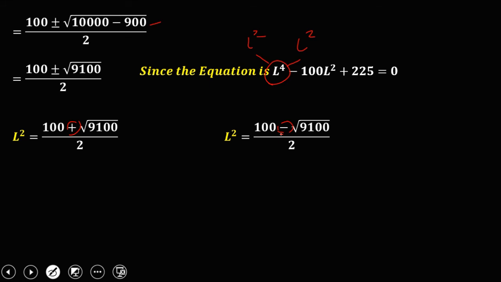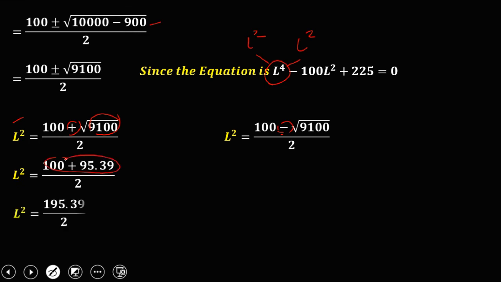Let's solve this one first. The square root of 9,100 is 95.39, and 100 plus 95.39 is 195.39. Divide by 2, so L squared is equal to 97.70. To solve for L, just take the square root, so L now is 9.88.